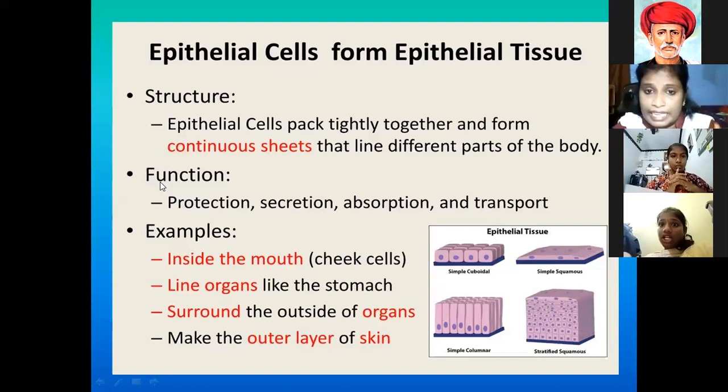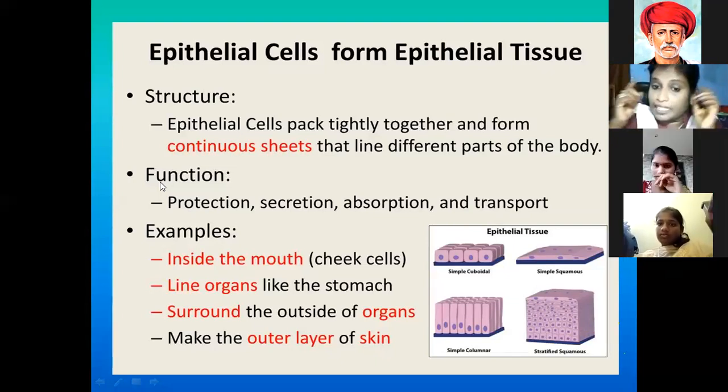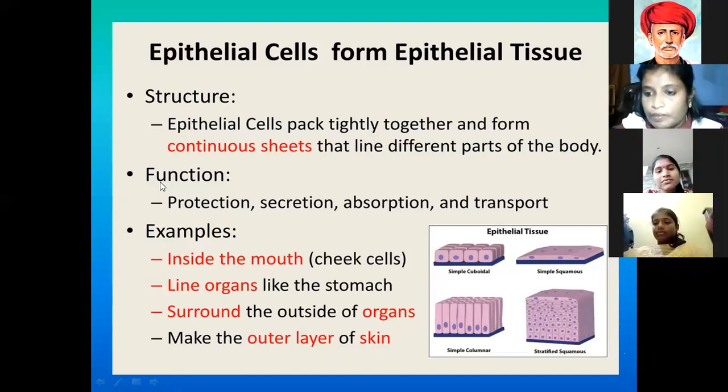What is the main structure of epithelial tissue? The epithelial cells are packed tightly together and form continuous sheets that line different parts of the body. See in this picture also, a continuous bed-like structure.